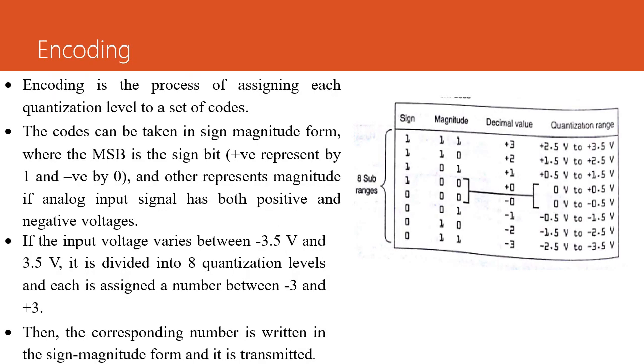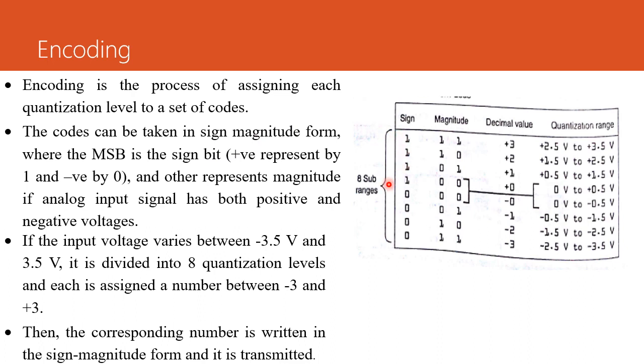So the next step in the PCM system is encoding. We already discussed sampling, quantization, and the third step, that is encoding. Encoding is the process of assigning each quantization level to a set of codes. The code can be taken in sign magnitude form, where the MSB is the sign bit.